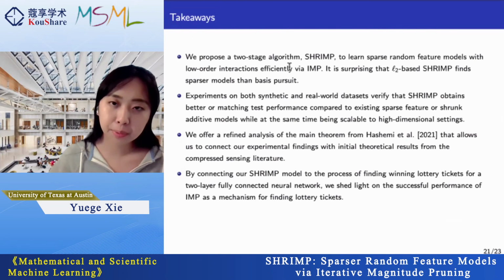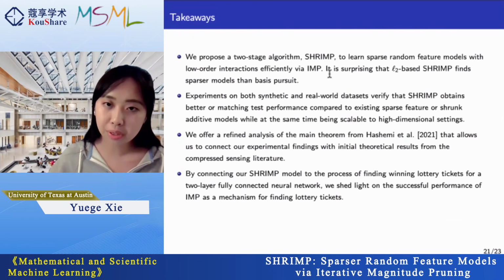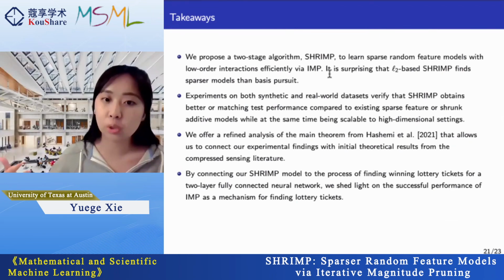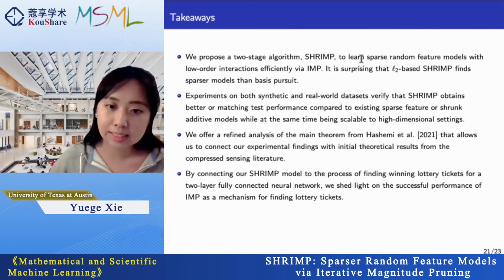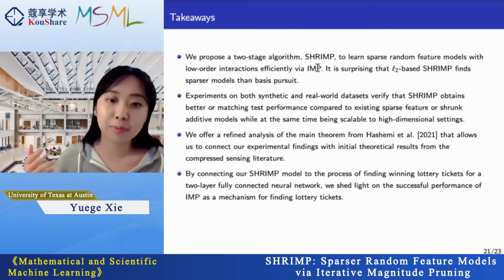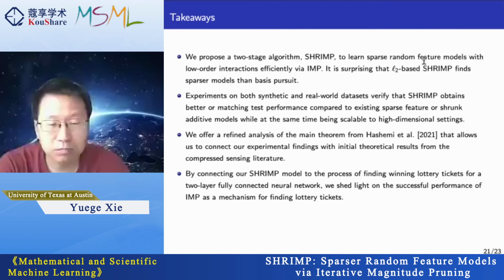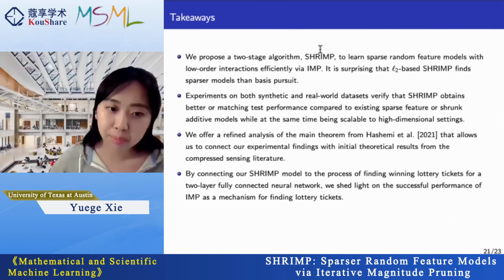First, we propose a two-stage algorithm SHRIMP to learn sparse random feature models with low-order interaction, inspired by the successful iterative magnitude pruning technique in neural networks. And it is surprising that the L2-based SHRIMP can find sparser models than the basis pursuit in previous work.